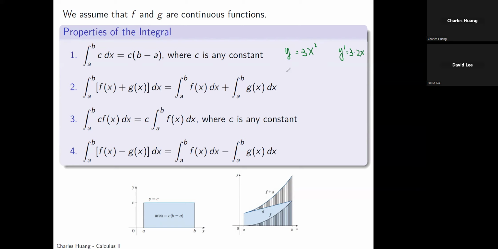So these rules are a little bit like that. Specifically, this one is that one. This one is very similar to this one. They're cousins of each other. So over here, this tells us if I have a constant in front of a function, I can just ignore that constant, pull it out to the front, just like when I do derivative. And then I can do the integral the same way that I would do with any other function.